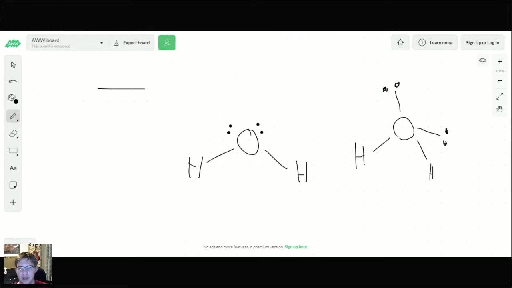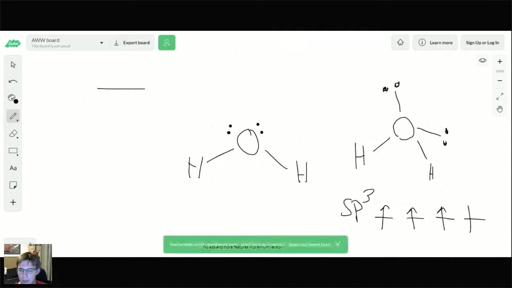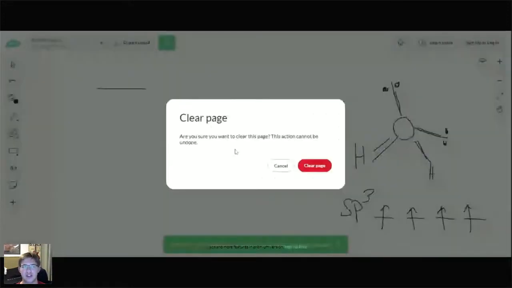If we look at, for example, the 2p orbital, we're going to see an sp3 hybrid orbital with 4 half-filled electrons, one of them here, one here, one here, one here. And that's why we see sp3 hybridization whenever we see tetrahedral geometry.